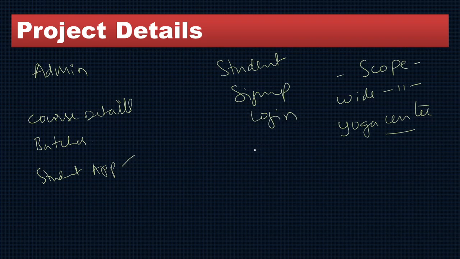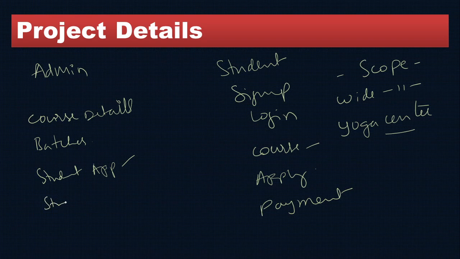Once they log in, they can see the courses, apply for a course and make the payment. Now we can see the student list, the join student list or batch student list, and also the payment list, who all made the payment.